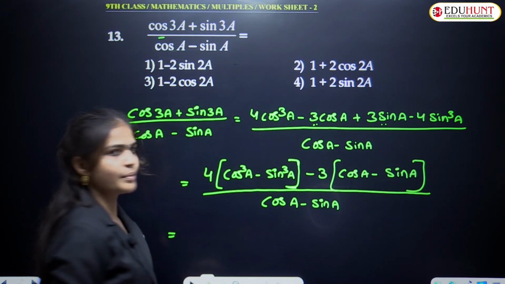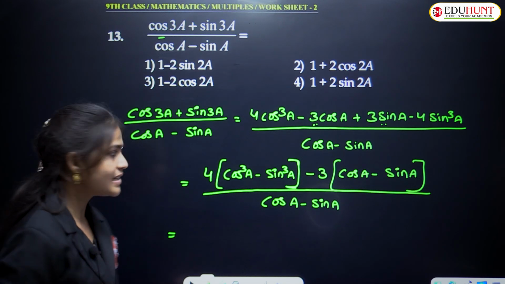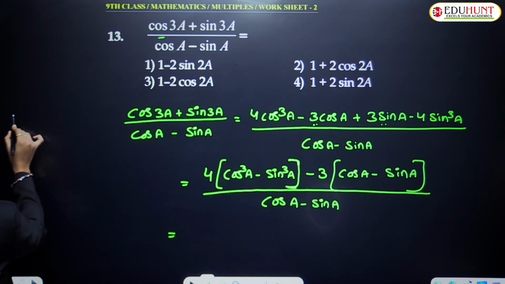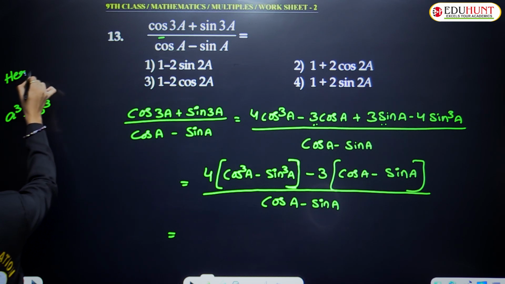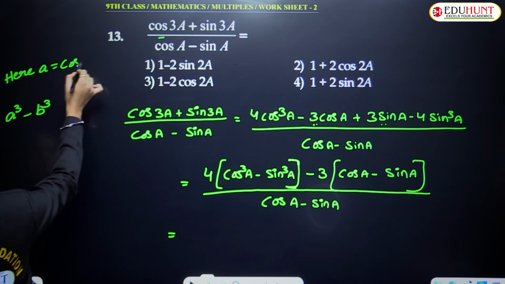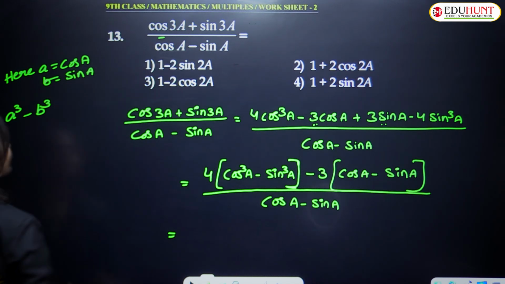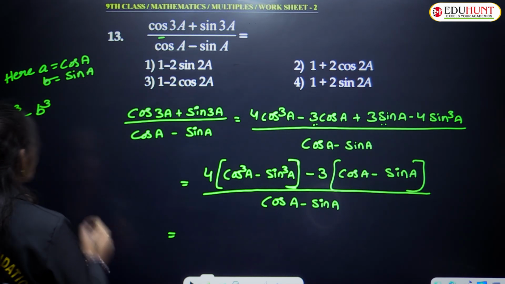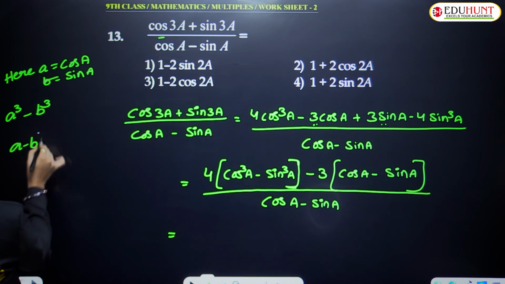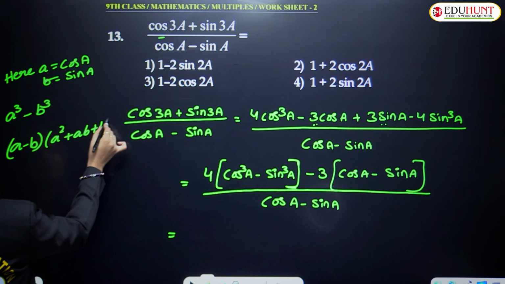From this, cos cube a minus sin cube a is in the form of a cube minus b cube, where a is equal to cos a and b is equal to sin a. The a cube minus b cube formula is a minus b into a square plus ab plus b square.